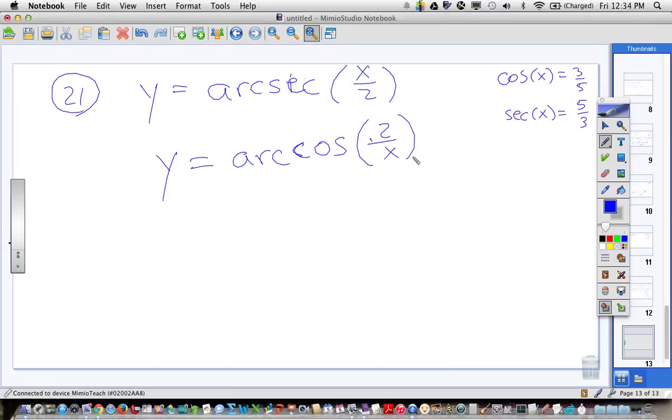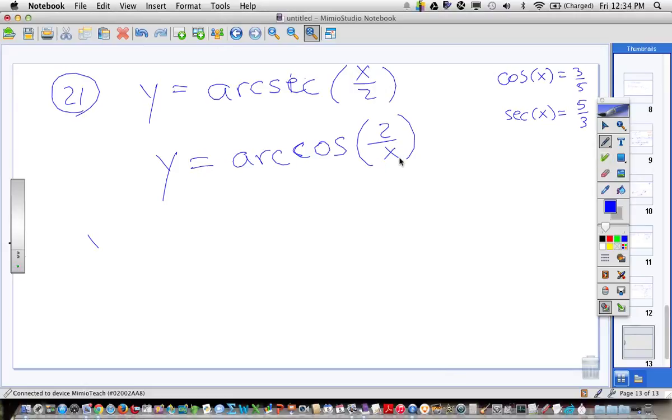So that's the first thing you would want to do then. Right? Now, that's not a decimal point. What's that? It was x over 2 originally. I think that's what it was originally. And so it would be 2 over x.